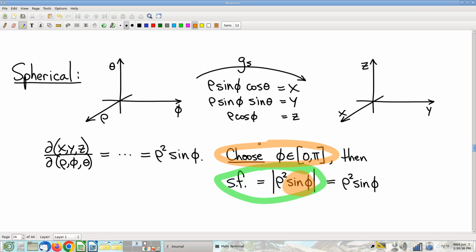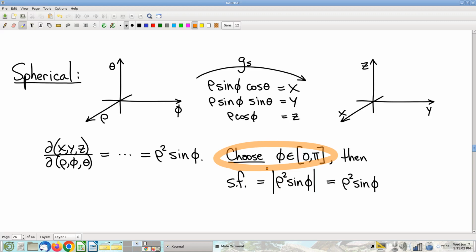The really good news is these are my favorite values of phi anyway. I'm pretty unhappy anytime I have to use a phi that's outside of this. I think of phi as being the angle from the positive part of the z-axis. Negative phis are weird. Phis that are greater than pi are weird.